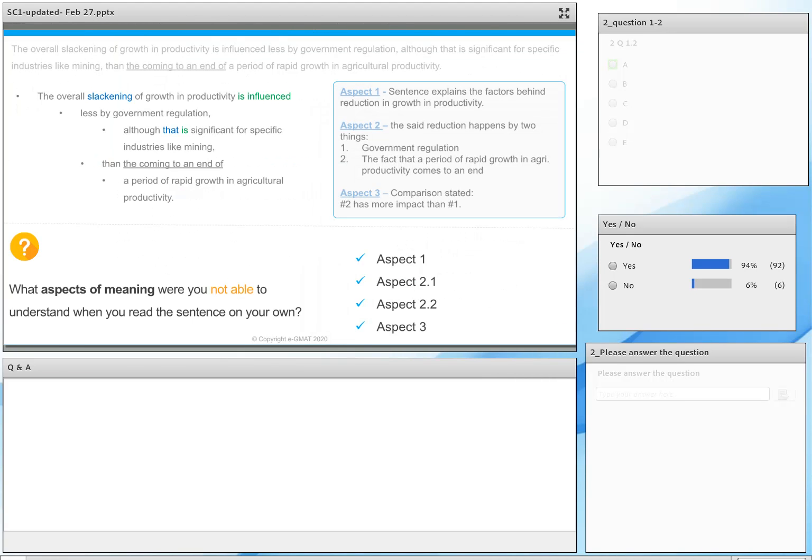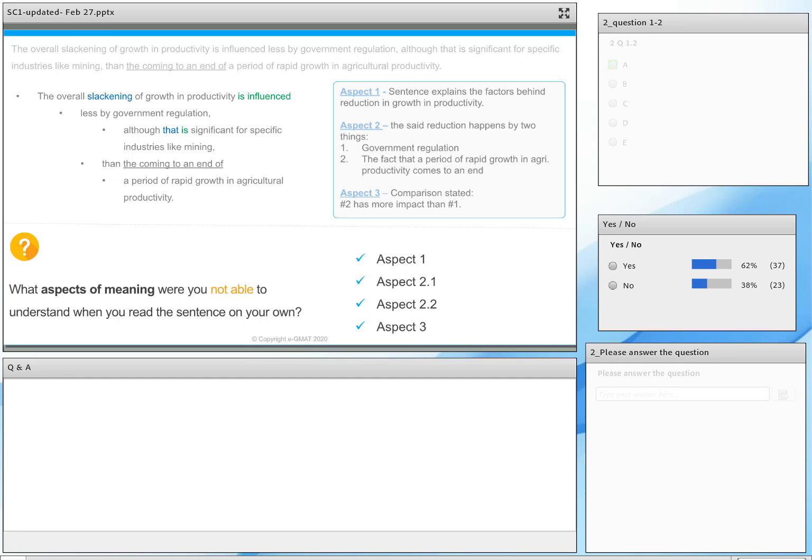Were you able, in the yes/no poll, thinking about this meaning and thinking about these aspects with the comparisons, to get this full meaning of the underlined portion and all these aspects? Were you able to assess all this meaning together? Be honest.